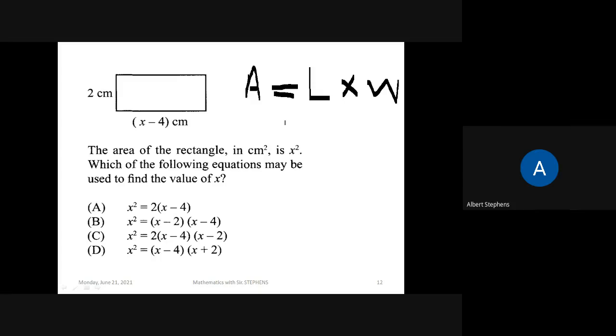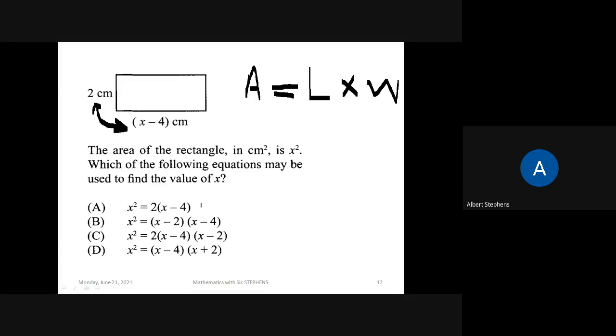So which response is that? That would be A, sir: 2 times x minus 4. You're absolutely correct. In order for us to find the area, we're going to have to multiply these two terms.